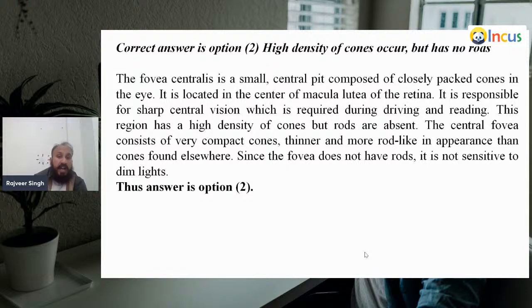This region has a high density of cones, but rods are absent here. The central fovea consists of very compact cones, thinner and more rod-like in appearance than cones found elsewhere. Since the fovea does not have rods, it is not sensitive to dim light. So the answer will be second.